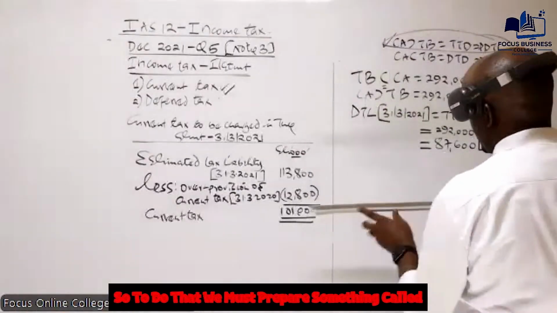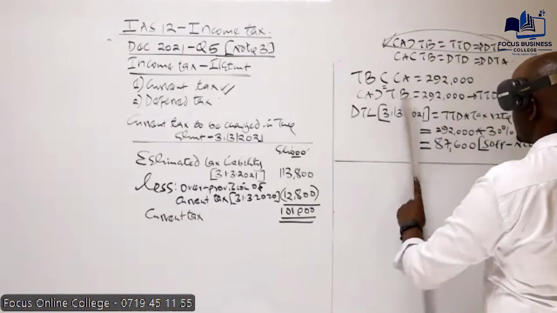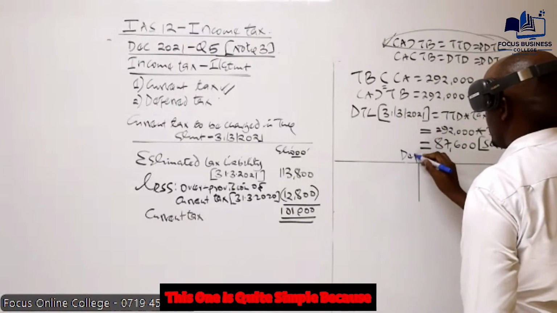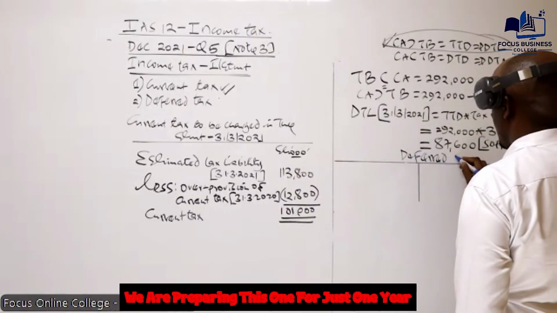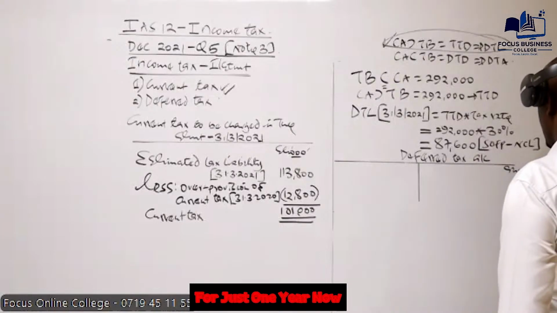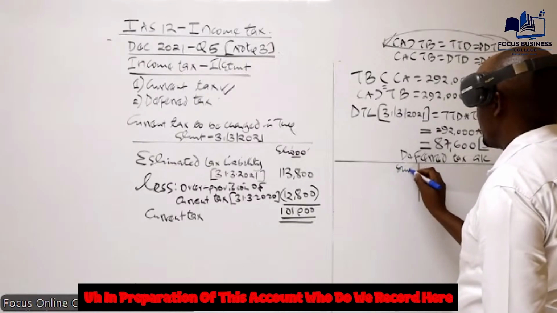To do that, we must prepare something called a deferred tax account. In this case, this one is quite simple because we are preparing it for just 1 year.